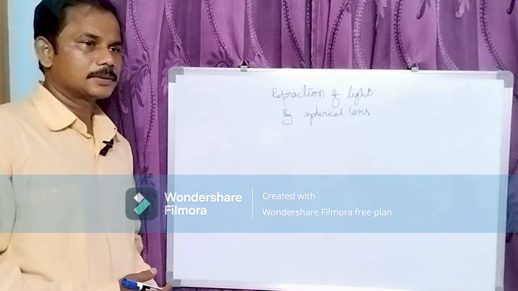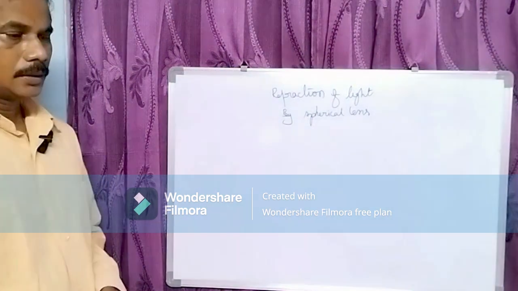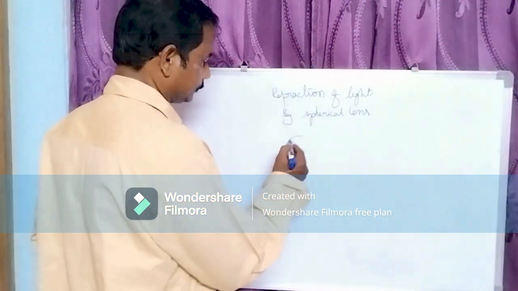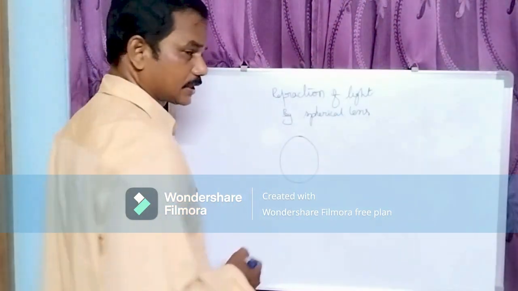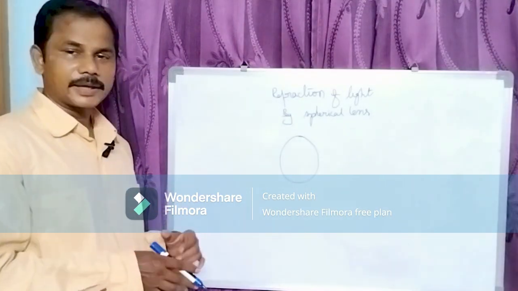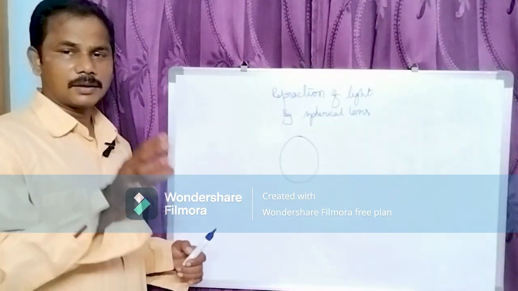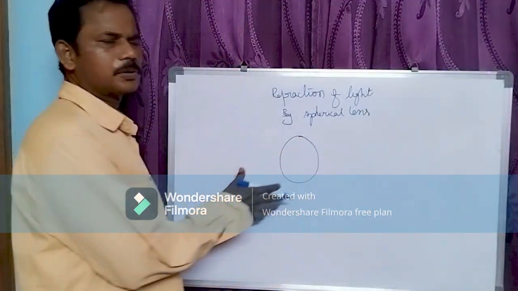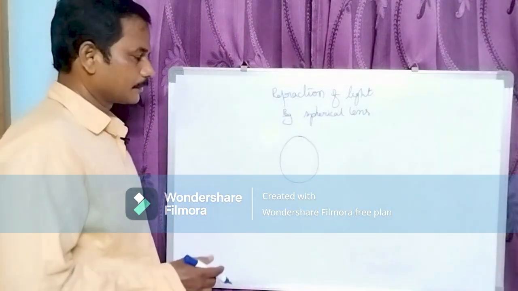Spherical lens means, if you take a sphere, it's a circle. When we take a ball, if you take a football, it's also two dimensional. It looks like this only.